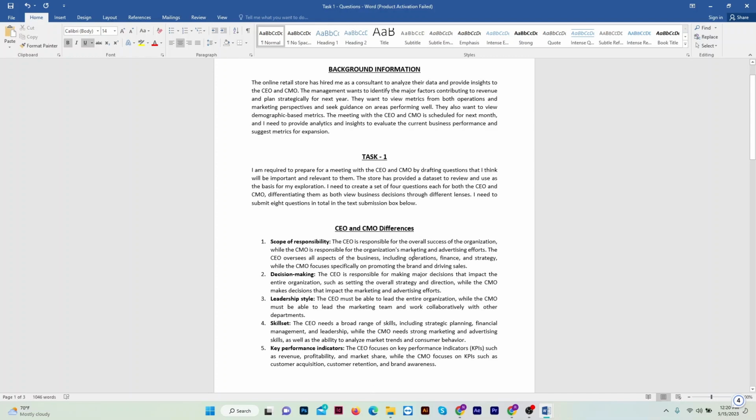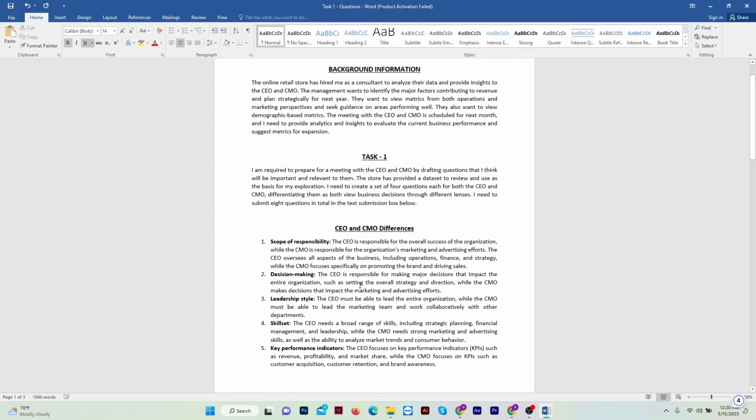So the CMO will work in the marketing and advertising department, or will be the one initiating all the processes in the marketing and advertising department. The CEO will also see all aspects of the business, including marketing, but the CMO will only focus on the marketing department, and that will be promoting the brand and driving sales. Another key difference is in terms of the decision making they have.